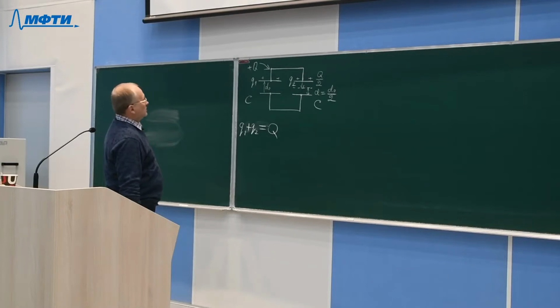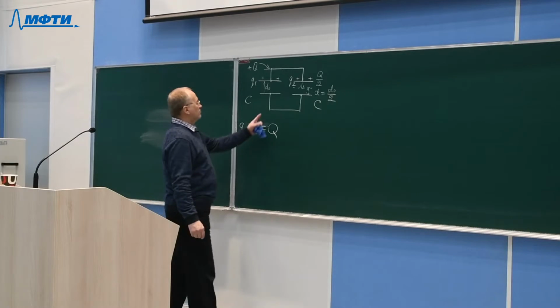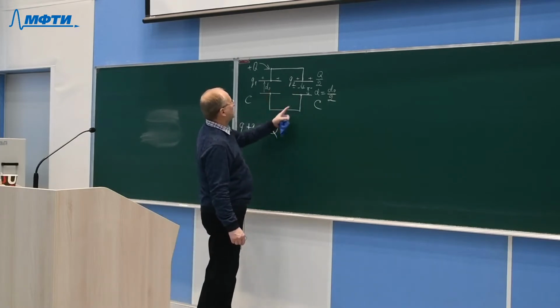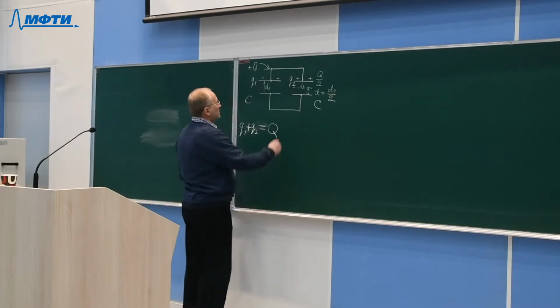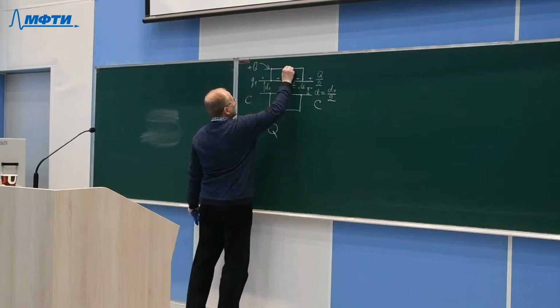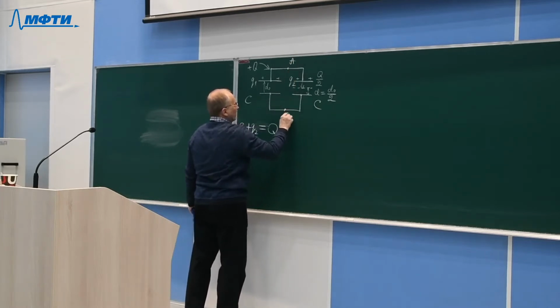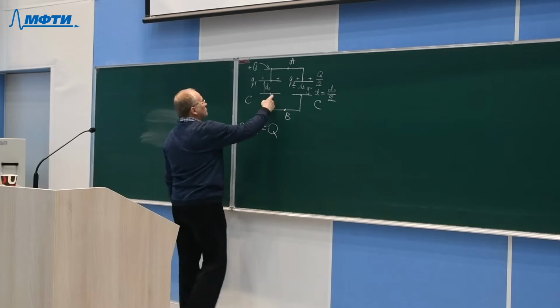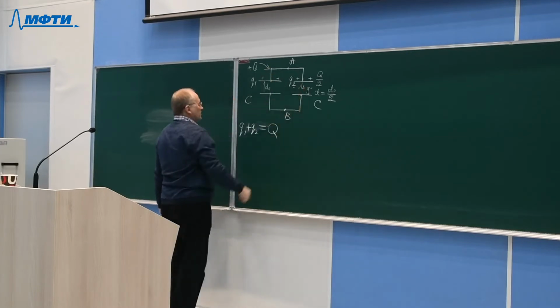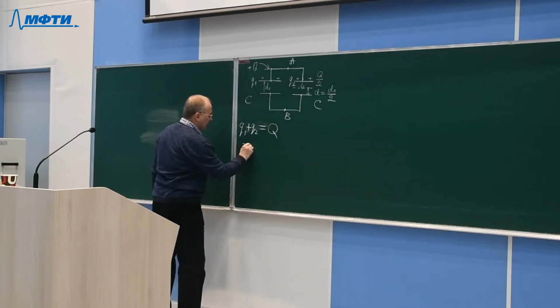Another thing which is important in this problem is that the two capacitors are connected in parallel. It means that the potential difference between these 2 points A and B is the same for both capacitors. This potential difference may change in time.